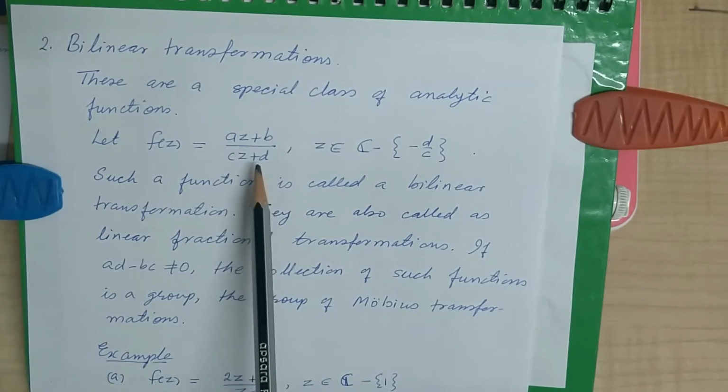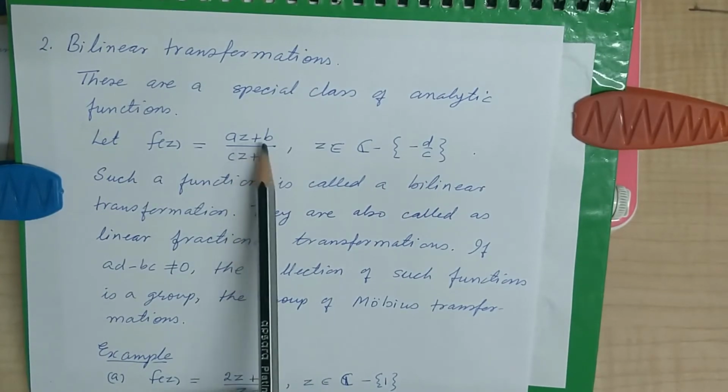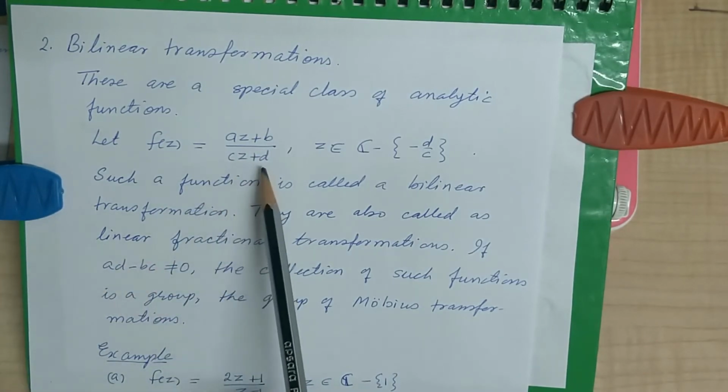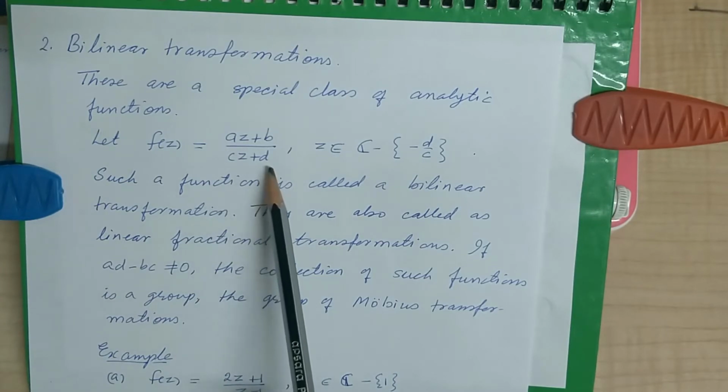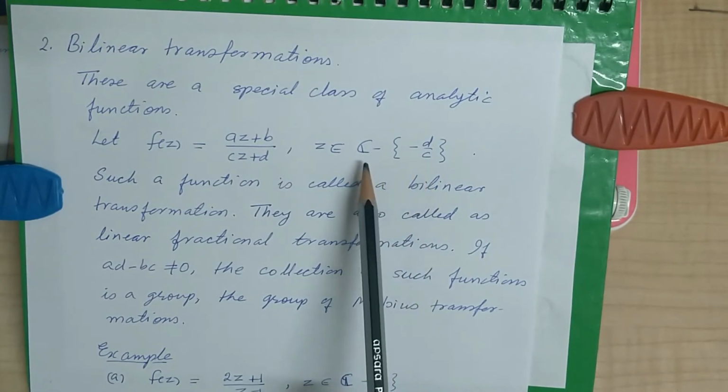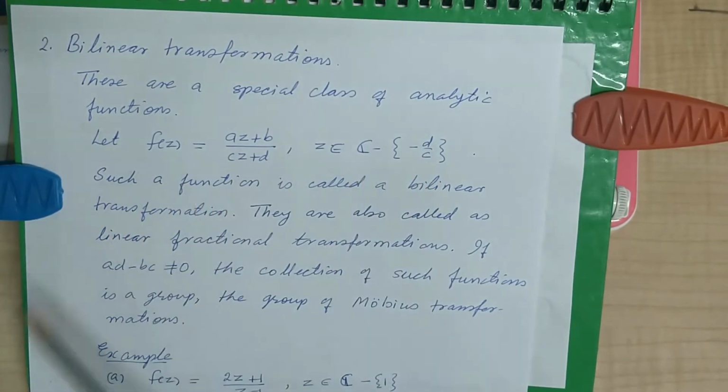So what is one looking at? One is looking at polynomials of degree 1 divided by another polynomial of degree 1. So one has to be careful with the denominator, and that is the reason that minus d over c is omitted from C to get the correct domain.